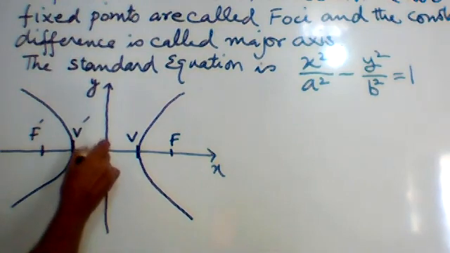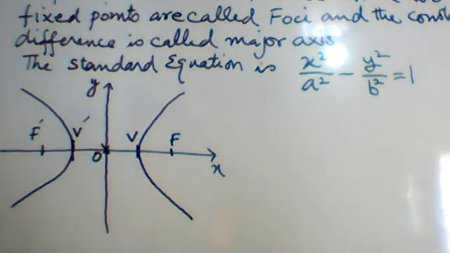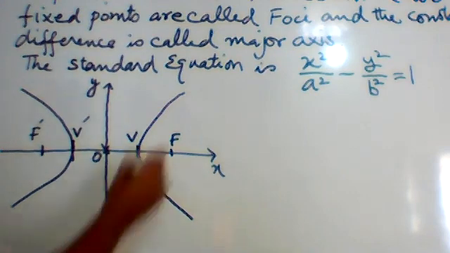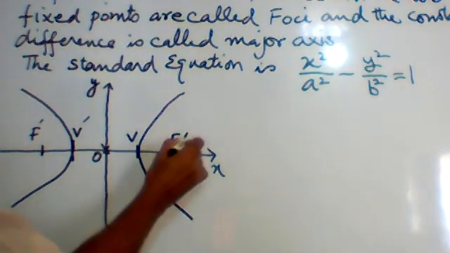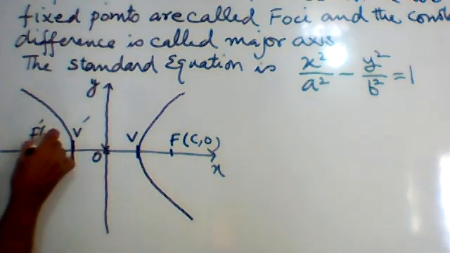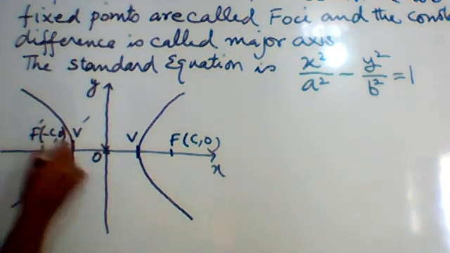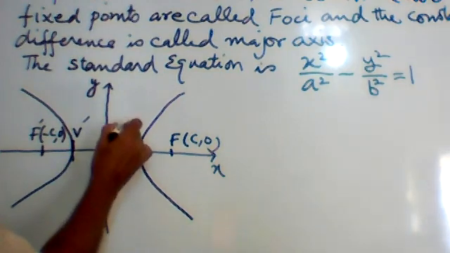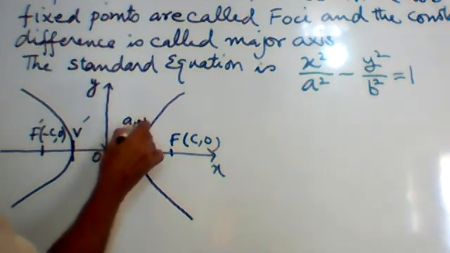This is the center. Origin is the center. The coordinate of the focus will be c comma 0. Here will be minus c comma 0. Vertex a comma 0.